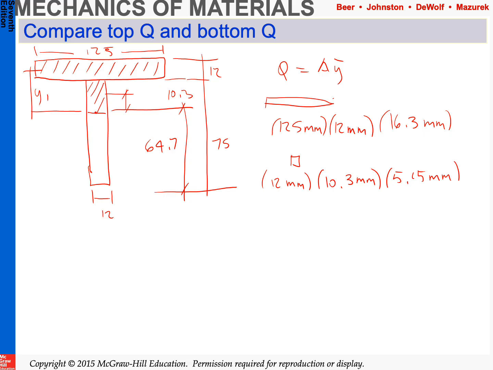We add these together. Let's call them Q1 and Q2. So our total Q is, with rounding, 25,100 millimeters cubed.